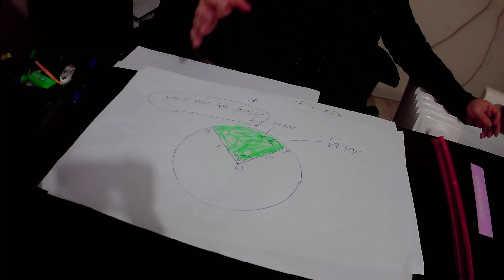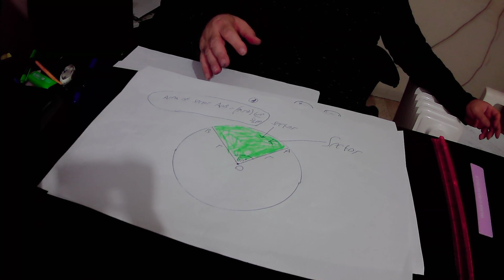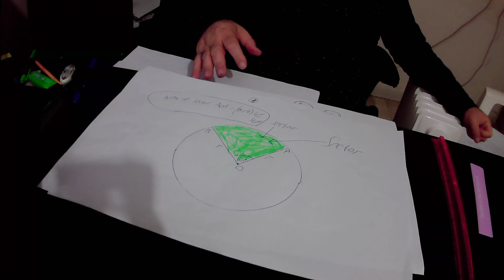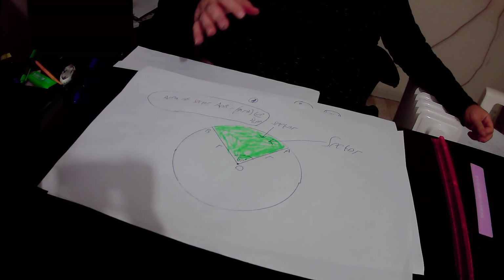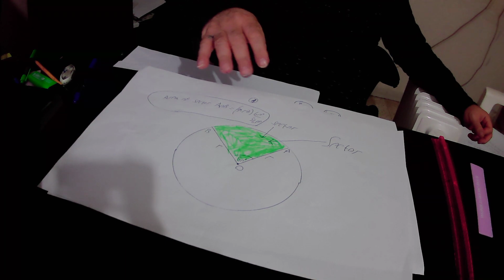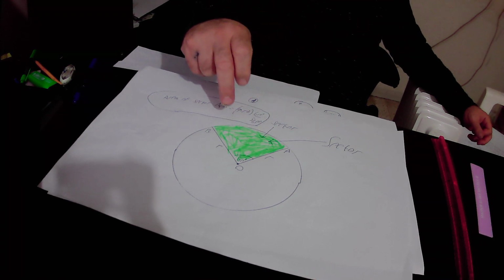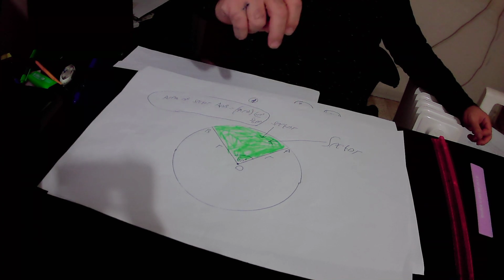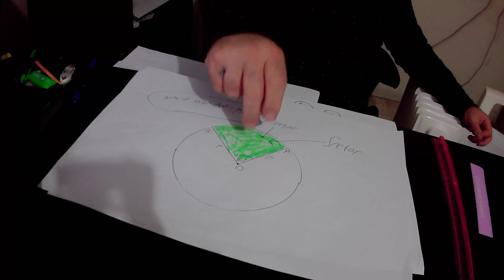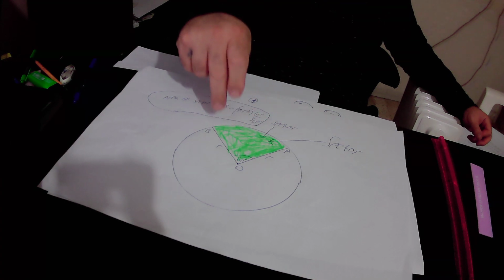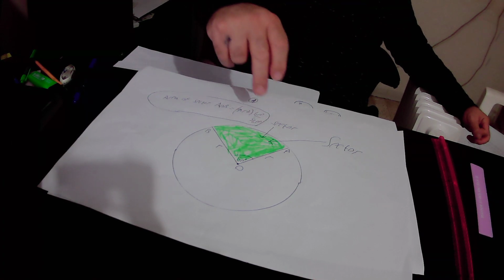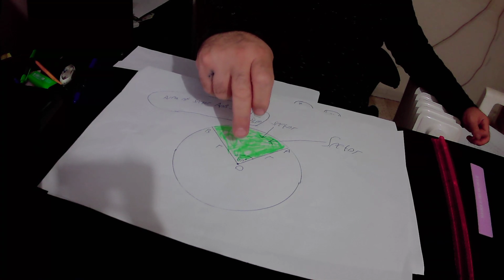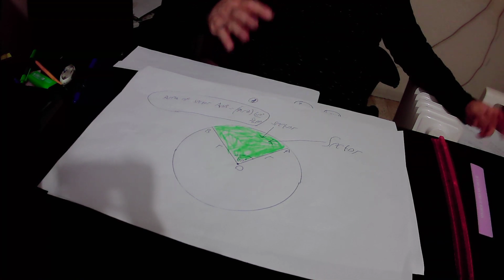So sector is part of a circle, and it is defined as the area that is bounded by 2 radiuses and the arc that is included between those 2 radiuses. So the green shape is sector AOB, and the area of sector AOB equals pi r squared times 60 degrees over 360 degrees.